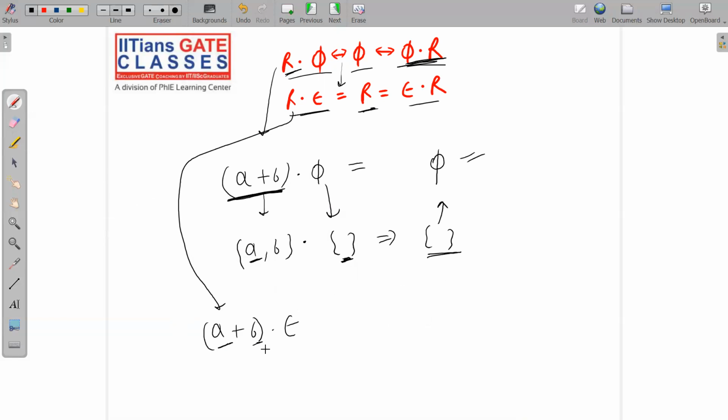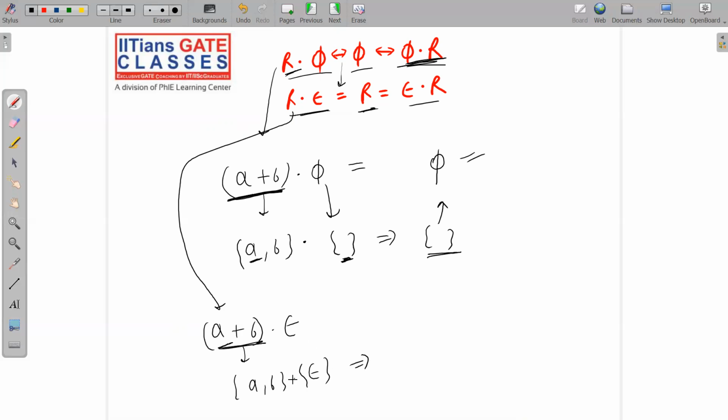So that's why I'm doing it properly. Let us take the regular expression a plus b, and null, the regular expression null is null only. Now the regular language corresponding to a plus b will be a comma b, and the regular language for null will be null within brackets only.